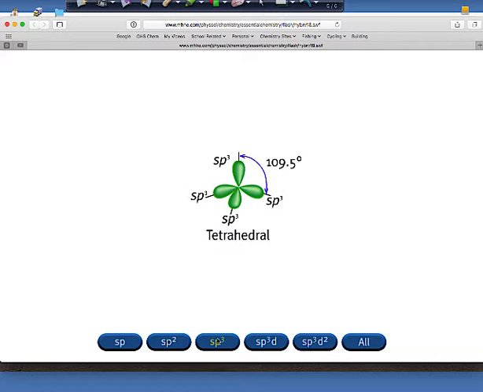Well, did you notice that when these things first showed up, they had a large lobe and then a smaller lobe? That's what that blending together looks like. The average of a sphere and 2 dumbbells is actually one large dumbbell and then a smaller lobe that we call a degenerate orbital.